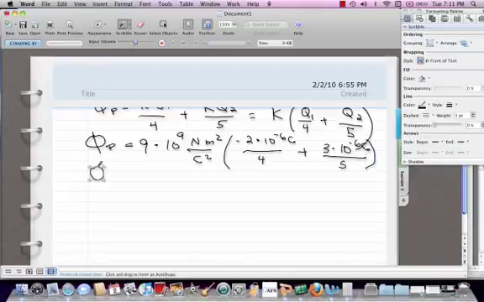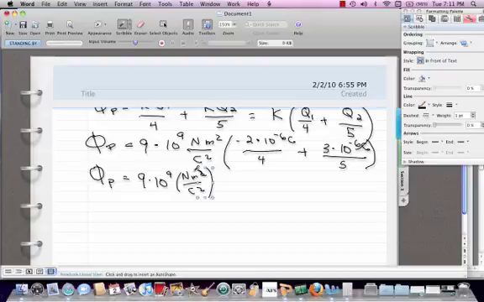If I continue, 2 divided by 4 is a half, so negative 0.5 times 10 to the minus 6 coulombs, plus 3 divided by 5 is 6/10, so 0.6 times 10 to the minus 6 coulombs.